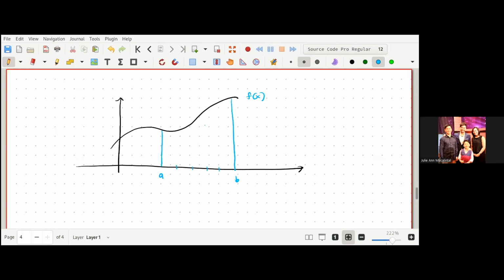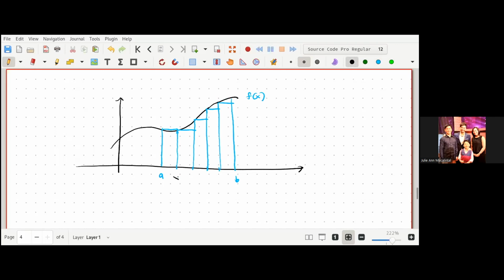Let's say ganito. Tapos for each interval, gagamitin natin yung left side. So this is not inscribed or circumscribed. Left side ang gagamitin natin sa bawat rectangle. Pansin mo, left value ng interval, left, and then left.